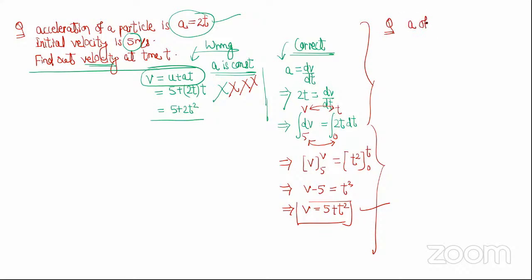Acceleration of a particle is given by a equal to, let's say, 2 by v square.